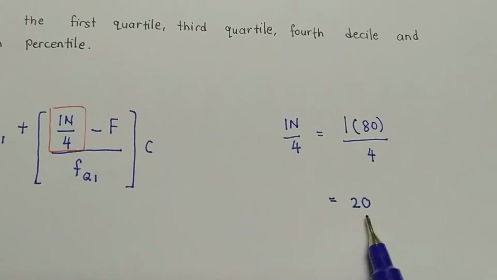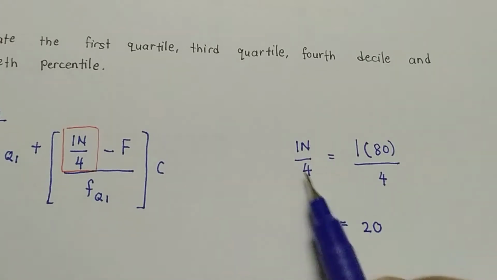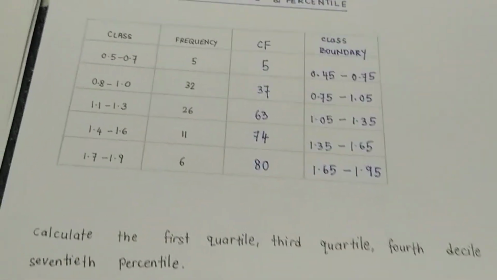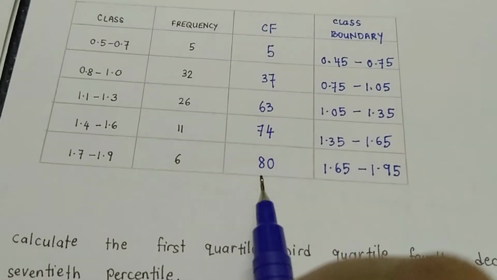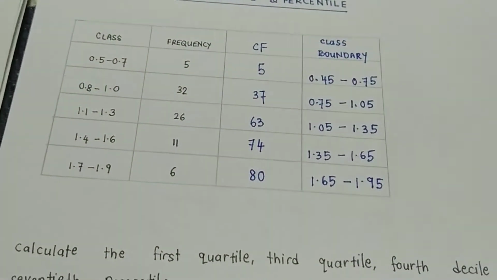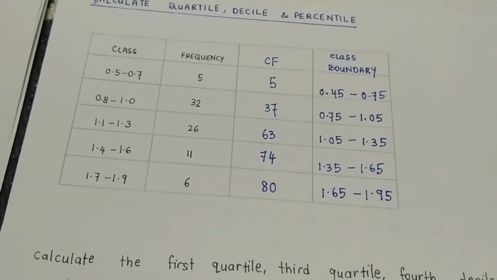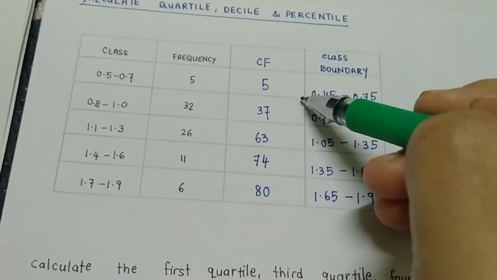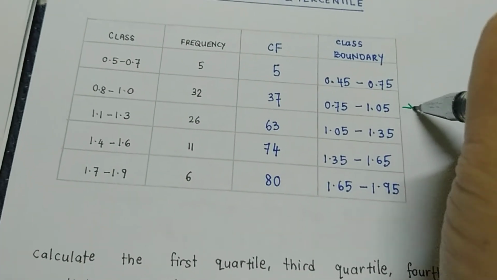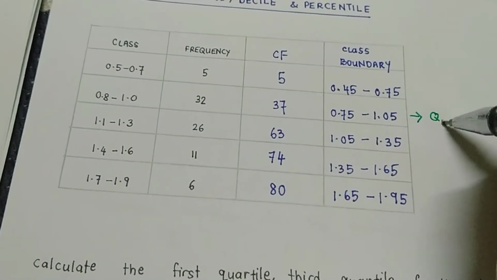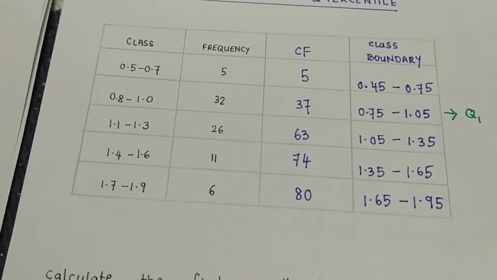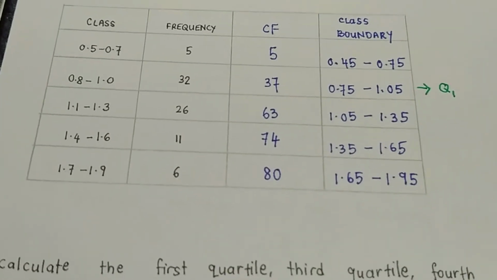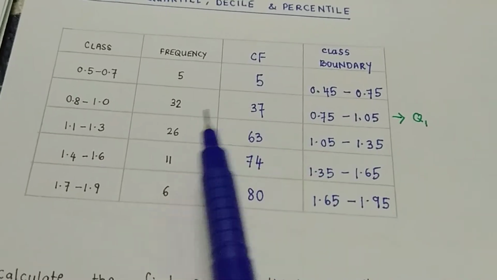That means we must see the 20th observation from our cumulative frequency. Okay, so 20 is in which class? We can see that 20 lies in this class. So this is our Q1 class, the second class. Now we just focus on the second class only.